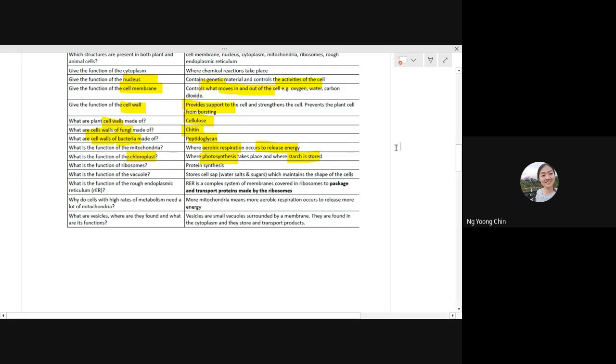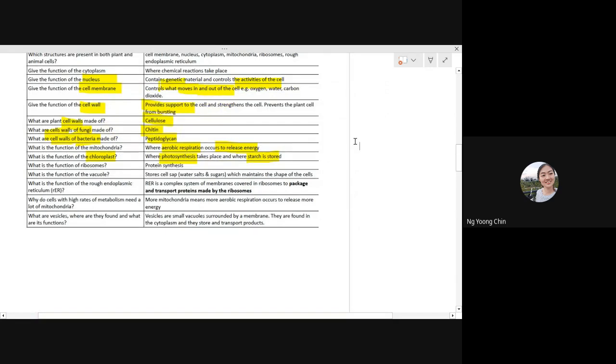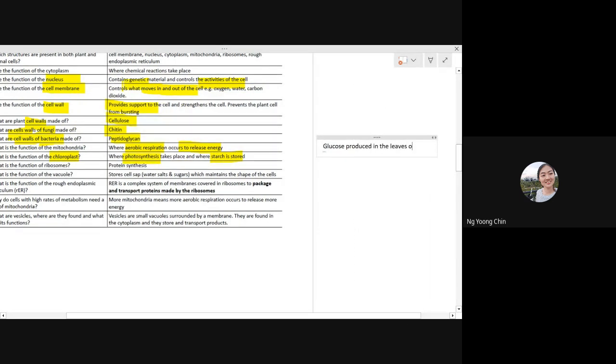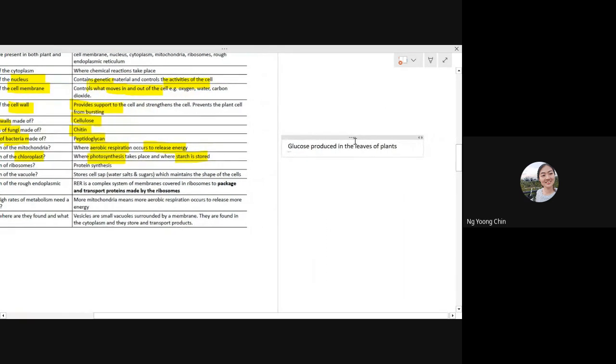In the photosynthesis equation, you will produce glucose, right? Okay, glucose, after being produced in the leaf of the plants, will convert into sucrose.